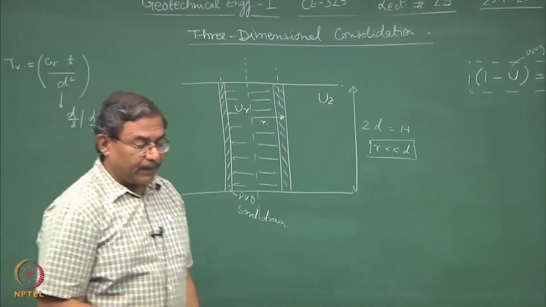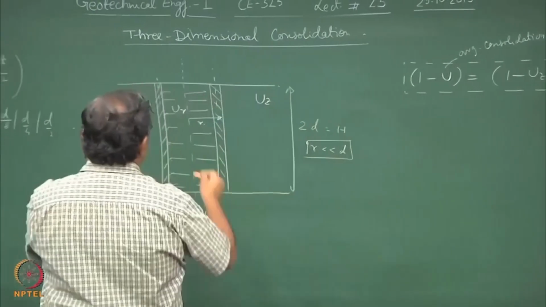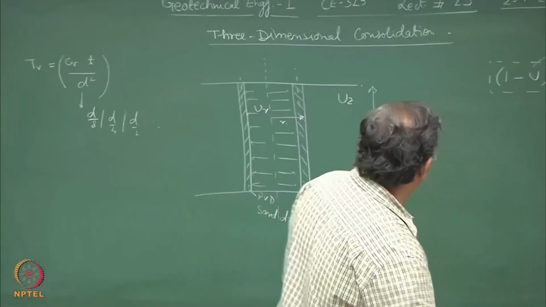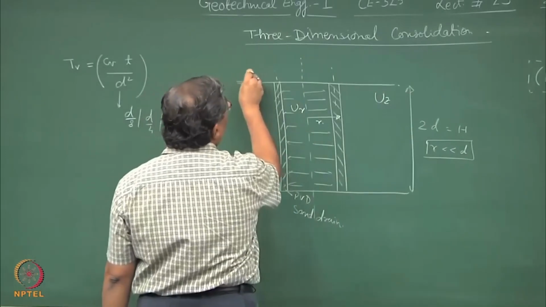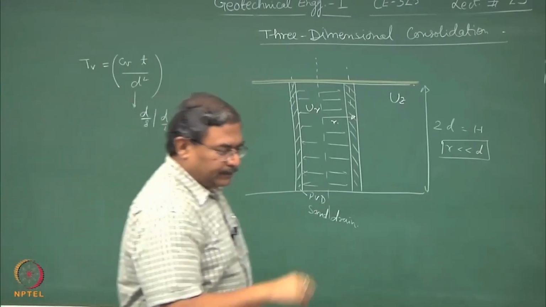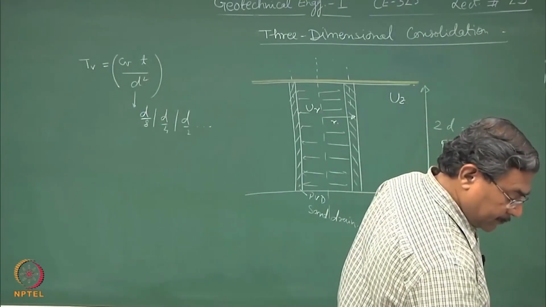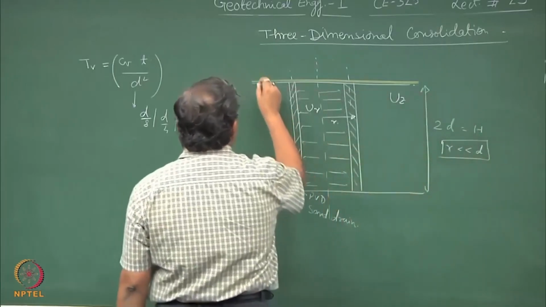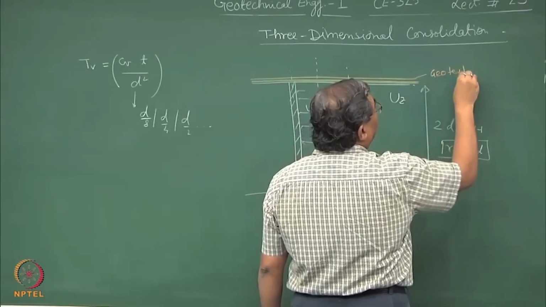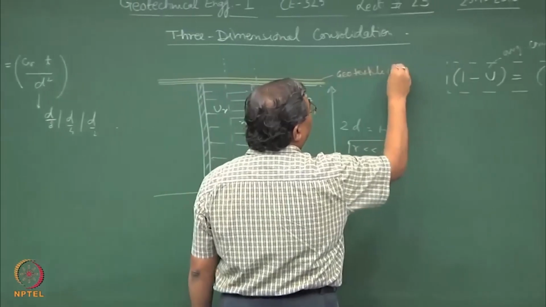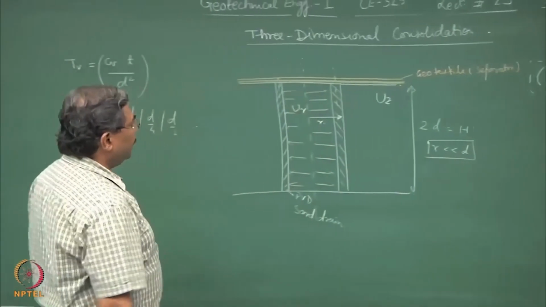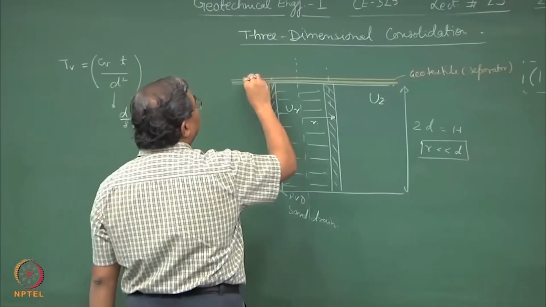The procedure is, having inserted these drains in the ground, we provide a filter layer, and on the top of the filter layer we provide a geotextile. So, geotextile acts as a separator between the soil mass which is going to be consolidated and the preloading which is done.